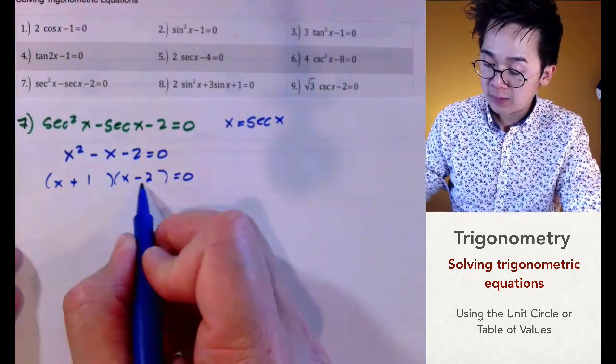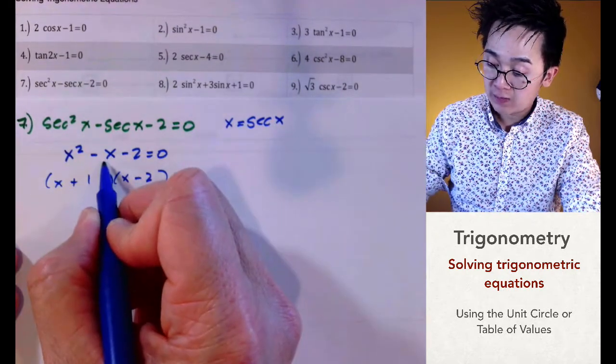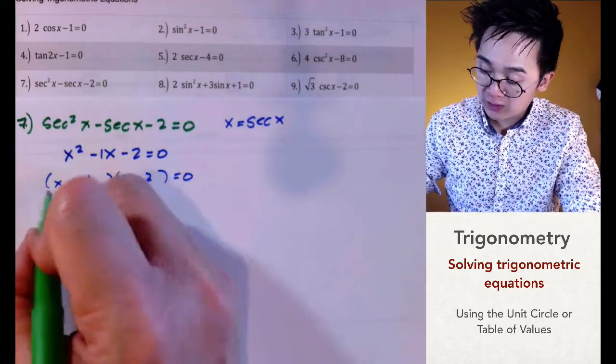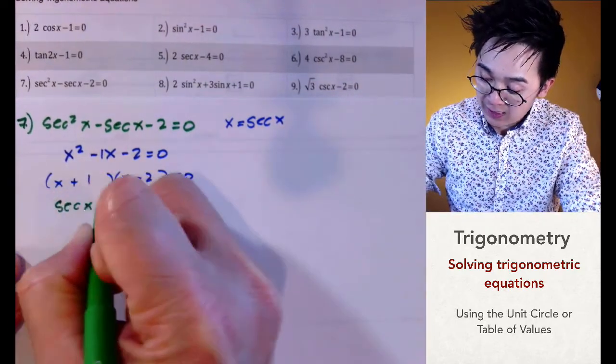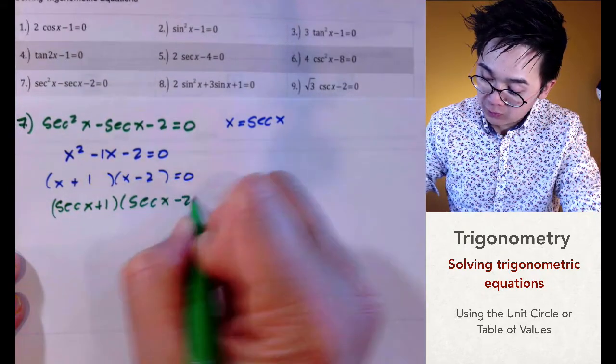We have 1 times negative 2 is negative 2, 1 minus 2 is negative 1. Now we will change it back to secant x.